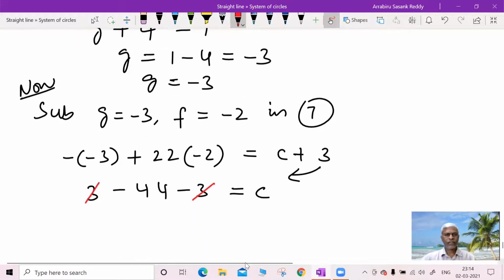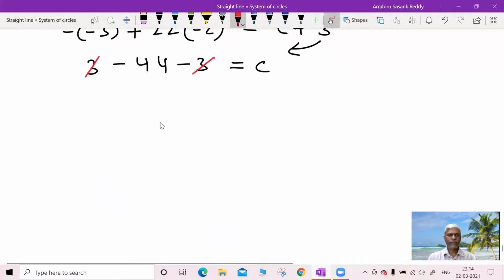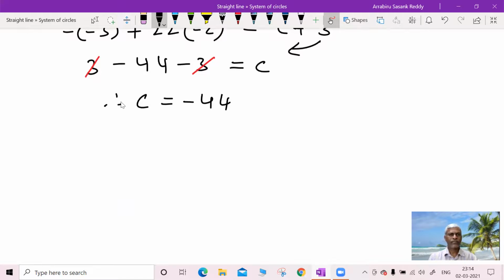So therefore C value is minus 44. C value is minus 44.